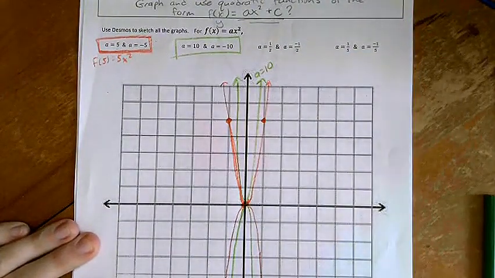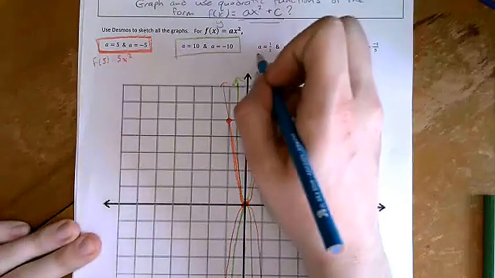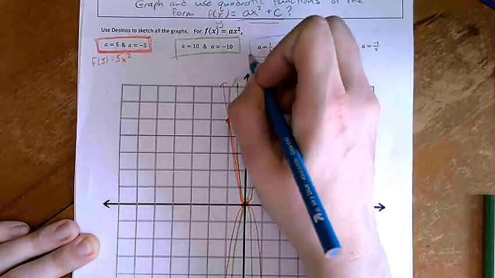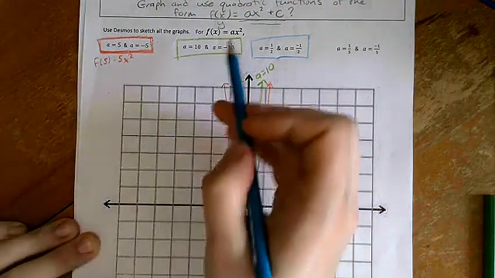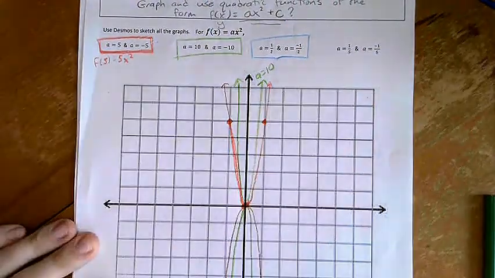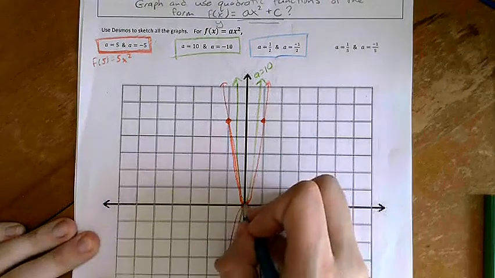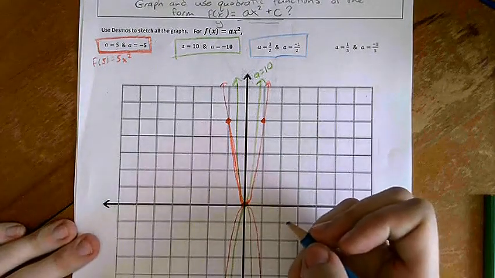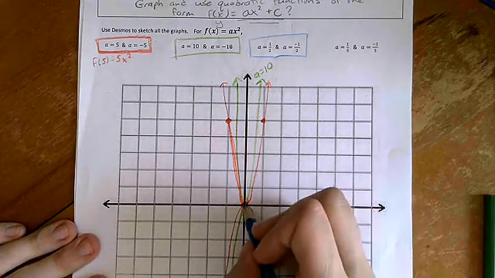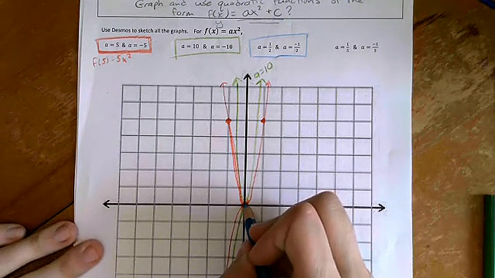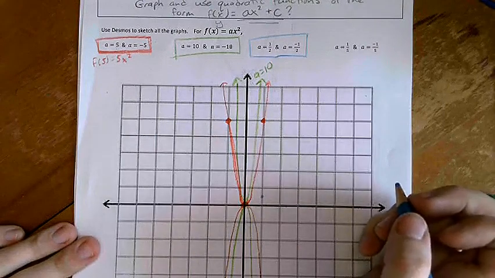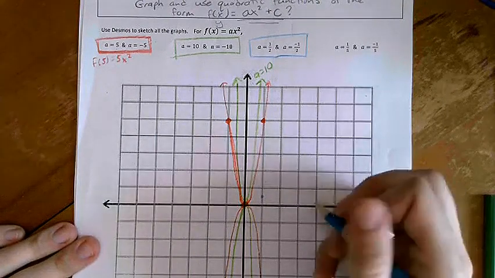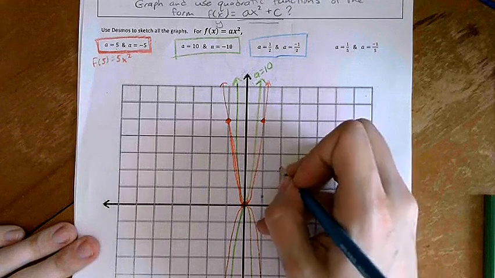So let's try a blue next. And we're going to do an a of 1/2. So if I change my a value to 1/2, what do we have? Well, my vertex is still here at 0, 0, but now the first point is at 1, 1/2. The next point is at 2 and 2.